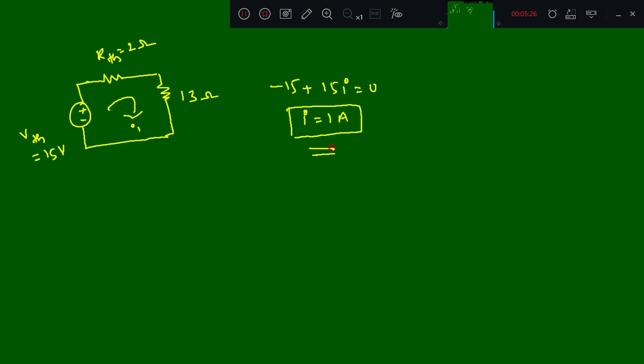So this is one problem. Then we will see one more problem, that is: find the Thevenin equivalent circuit between A and B. So the circuit is like this.